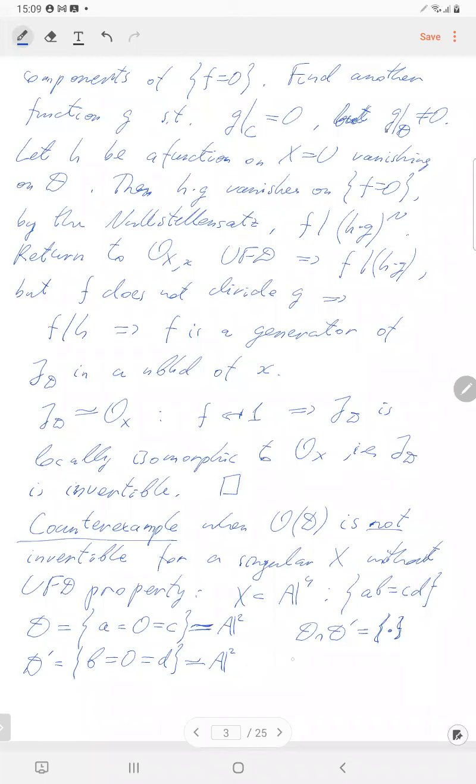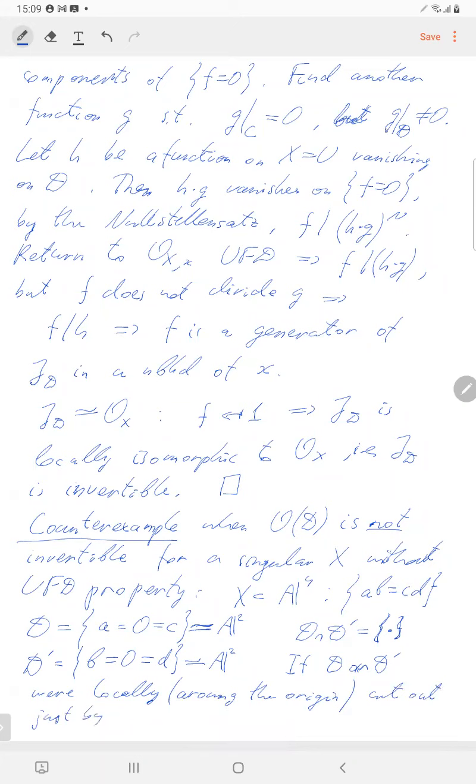So if D or D prime were locally, namely around this point, around the origin, cut out just by one equation, then the dimension of their intersection would be at least 1.